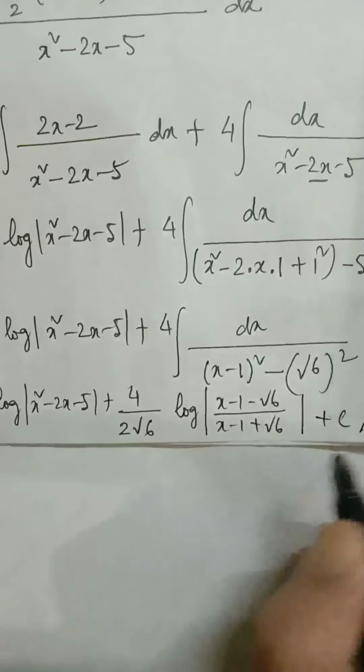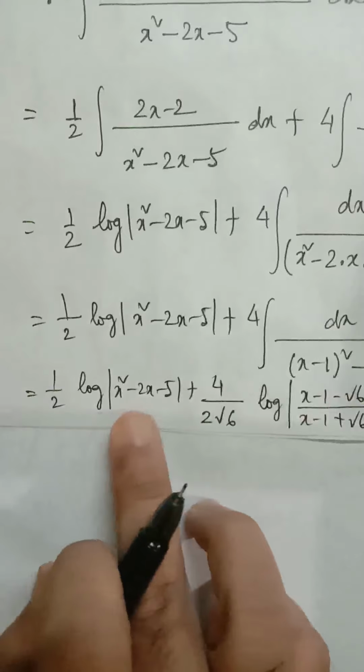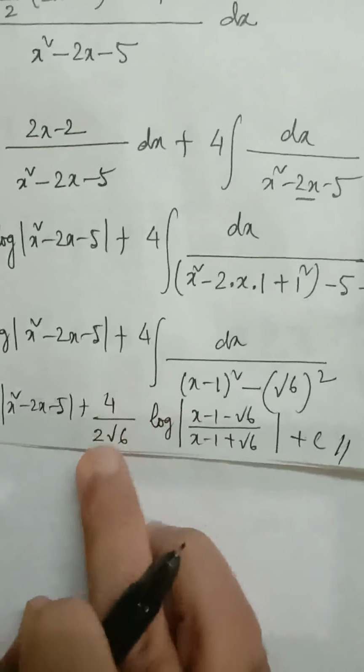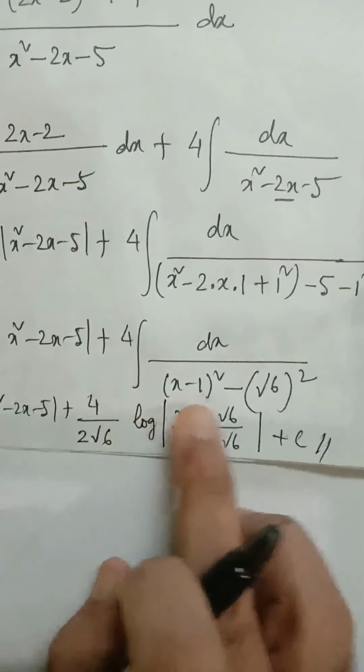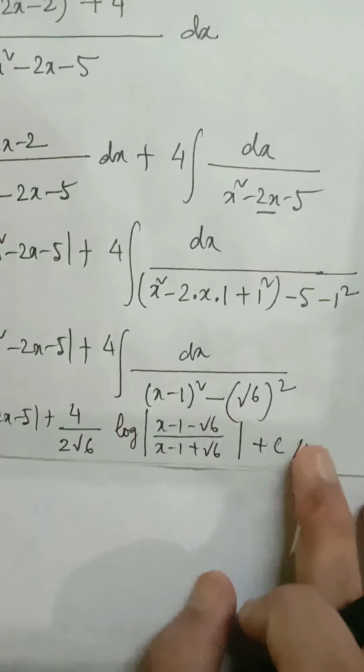You can cancel 2 and 4. So this is the answer: half log of (x² − 2x − 5), this is the first term, plus 2 by √6 log of (x − 1 − √6) by (x − 1 + √6). And this type of question is very, very important.